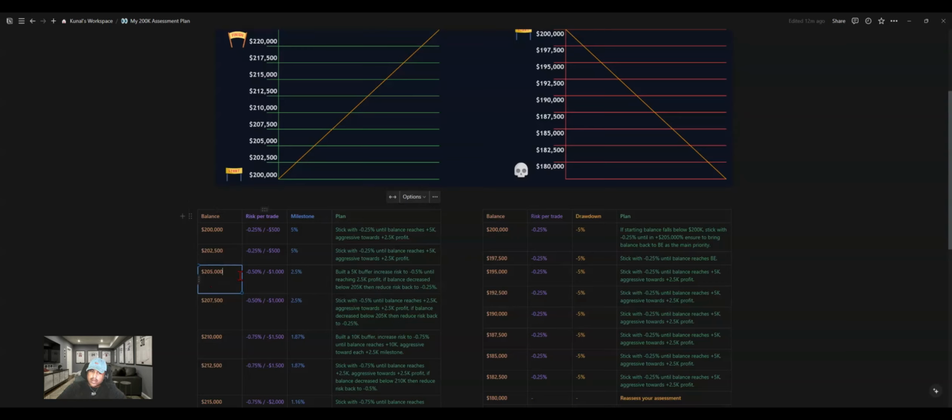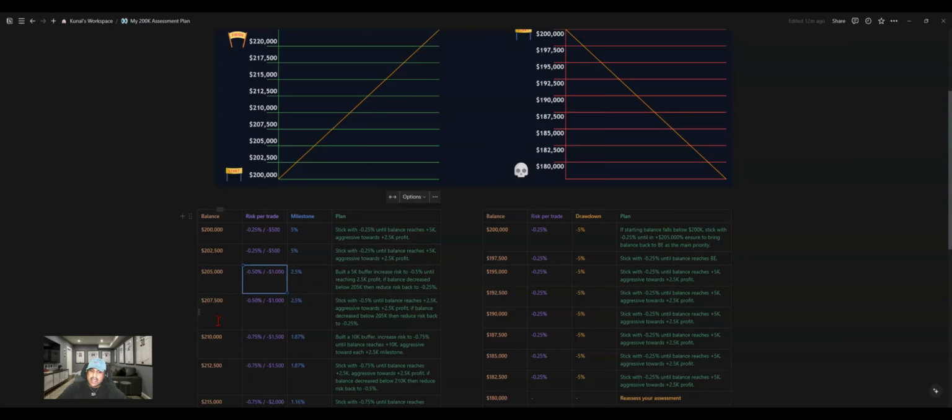Then when I get back to the buffer, I take a trade again, and let's say that trade runs for 4%. If that's the case, I haven't skipped a step quite yet, but let's say it's 5%. I make 5% on that trade, and I'm trading $1,000 risk per trade, so each percent is $1,000.